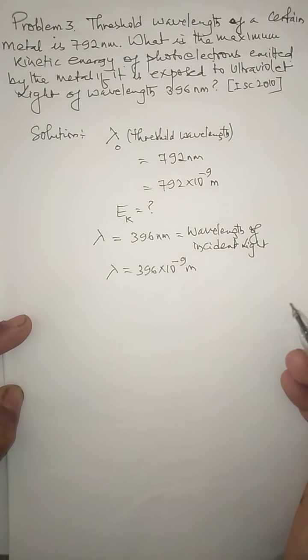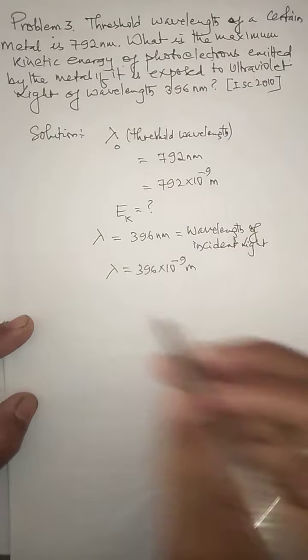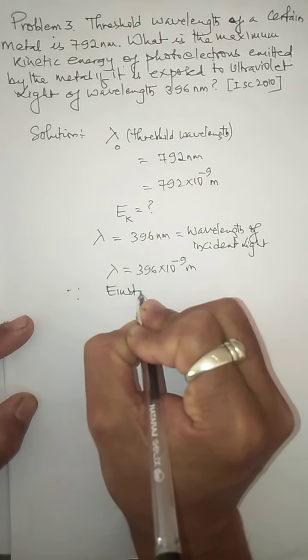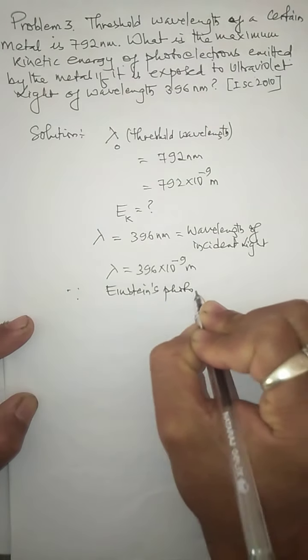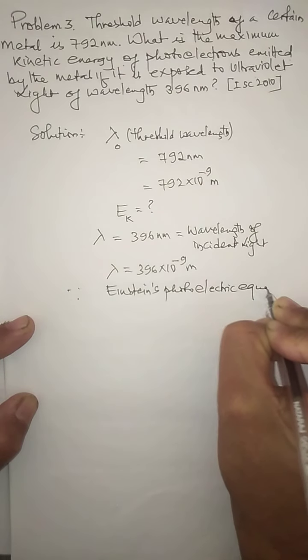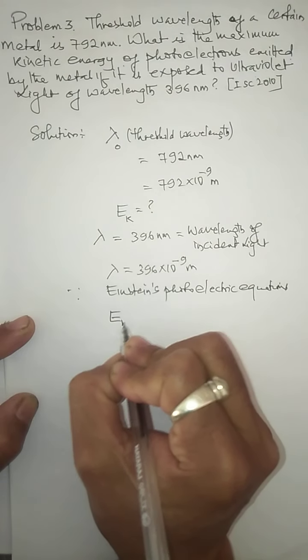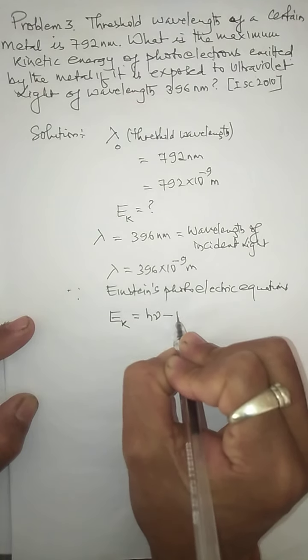Now what do we need to calculate? We have to calculate this kinetic energy. To calculate the maximum kinetic energy of photoelectrons, we use Einstein's photoelectric equation. As per Einstein's photoelectric equation, the maximum kinetic energy Ek can be written as h nu minus w.